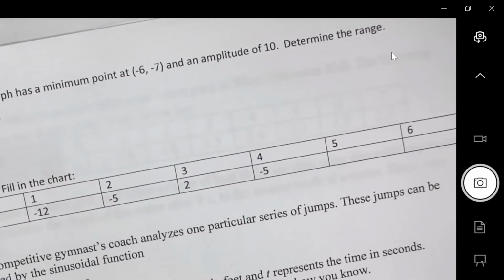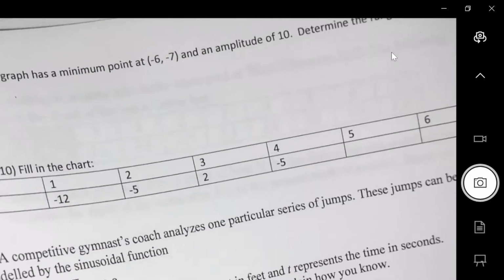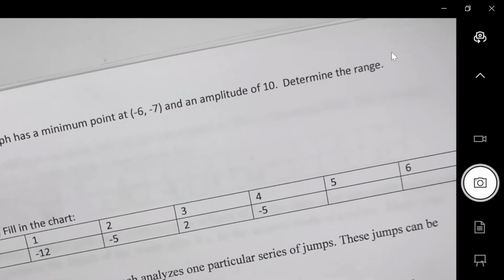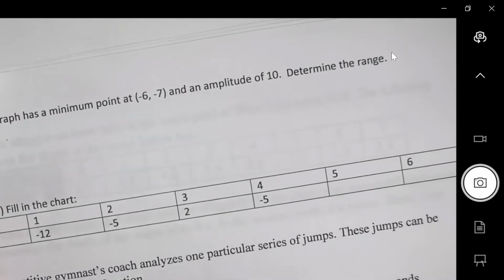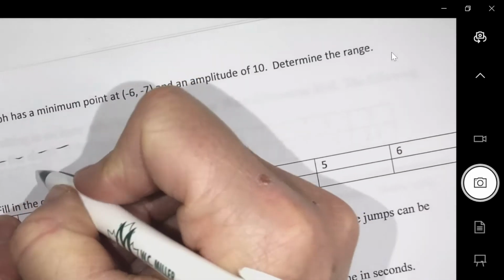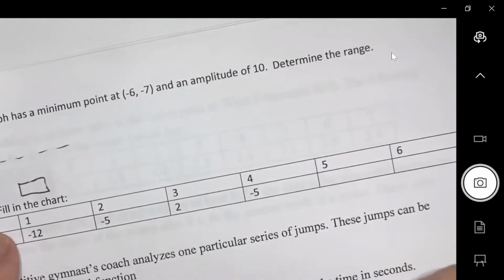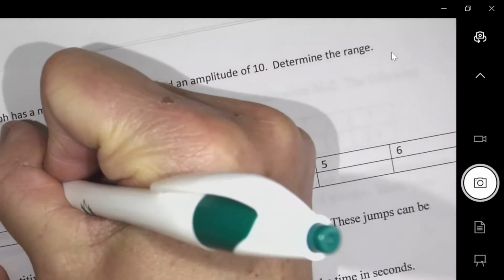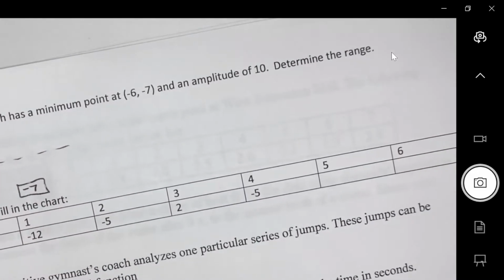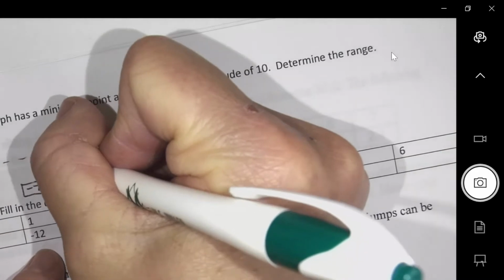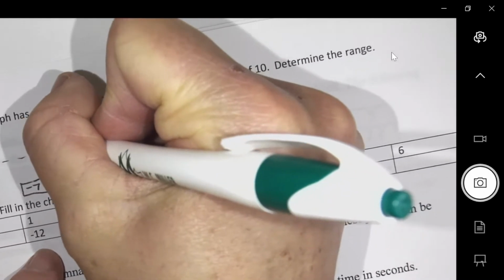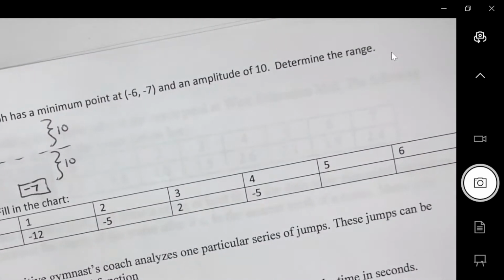Okay, I gave you a minimum point and an amplitude. So you need the range. So what I gave you was that the lowest height is -7. And I gave you an amplitude of 10.